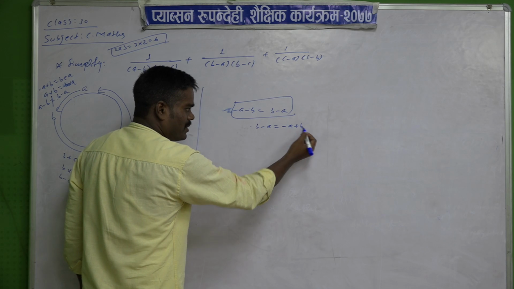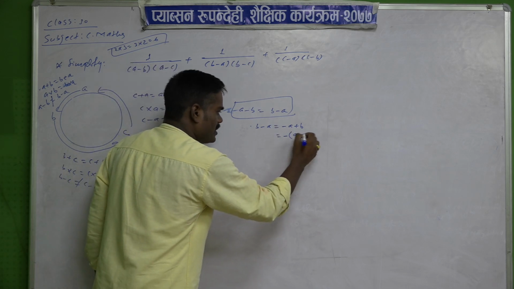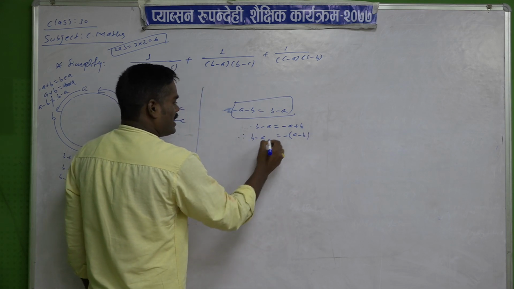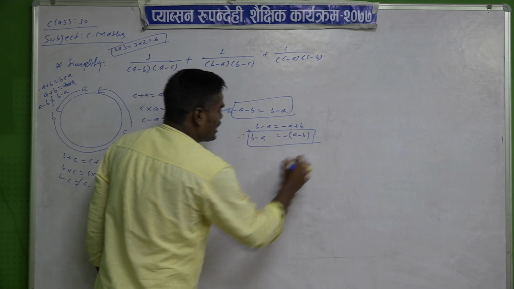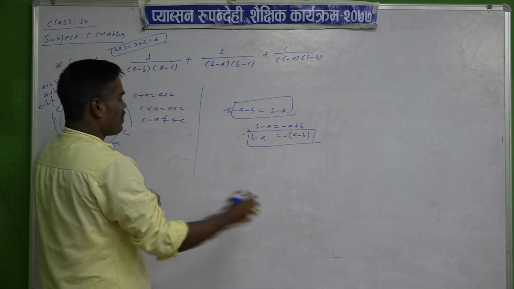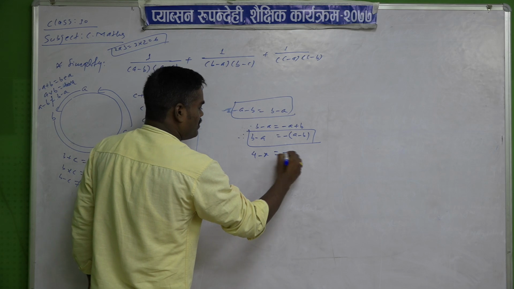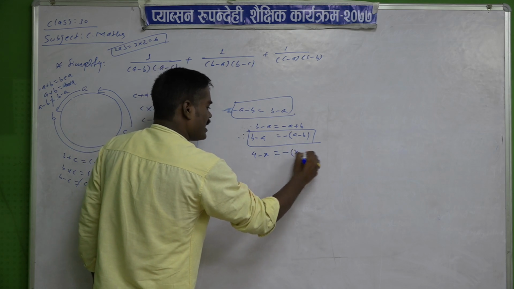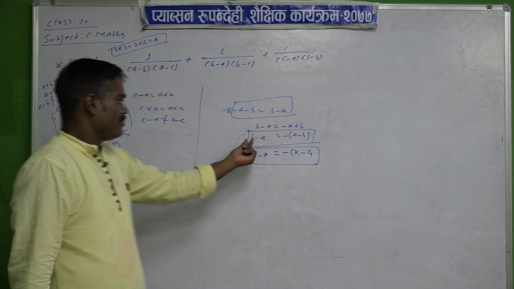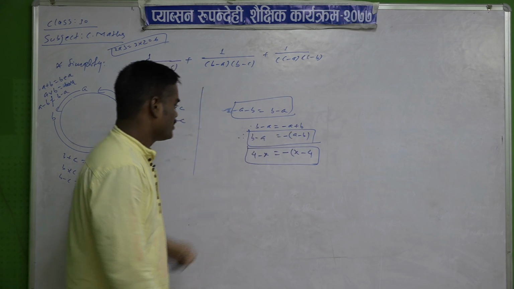So minus A plus B. Now minus is common, so what is left is A minus B. It means B minus A can directly be written as minus (A minus B). Suppose 4 minus x is given, it means minus (x minus 4). You have to remember this: B minus A equals minus bracket A minus B.